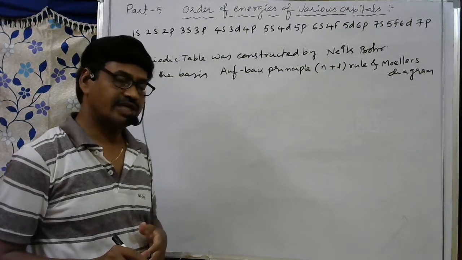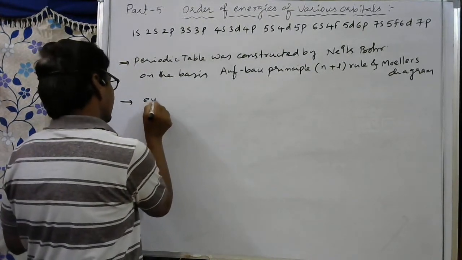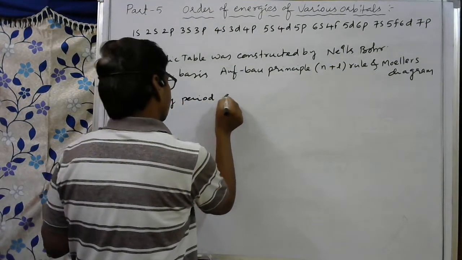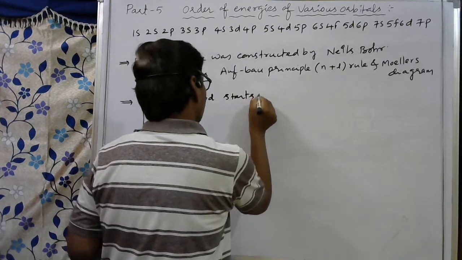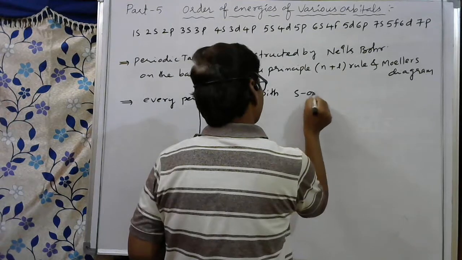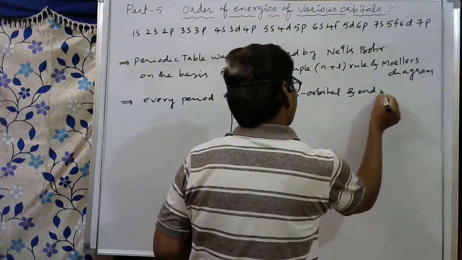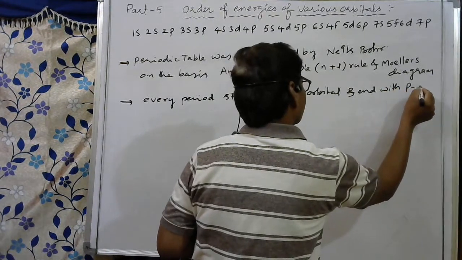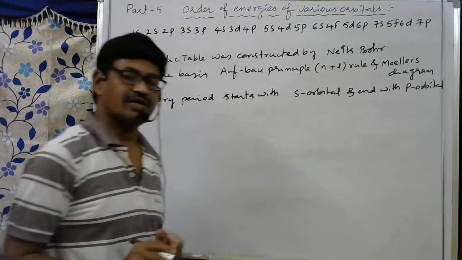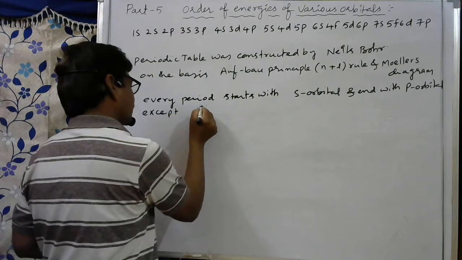As per Niels Bohr, every period starts with the s orbital and ends with the p orbital, except the first period.